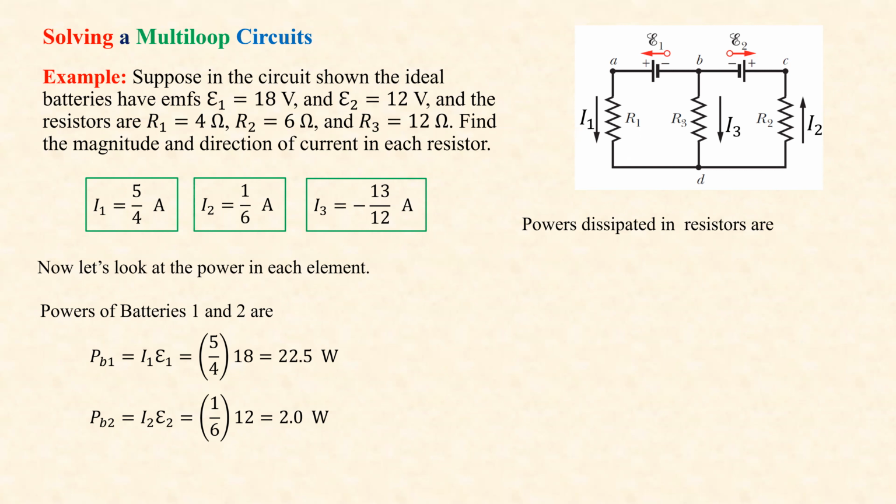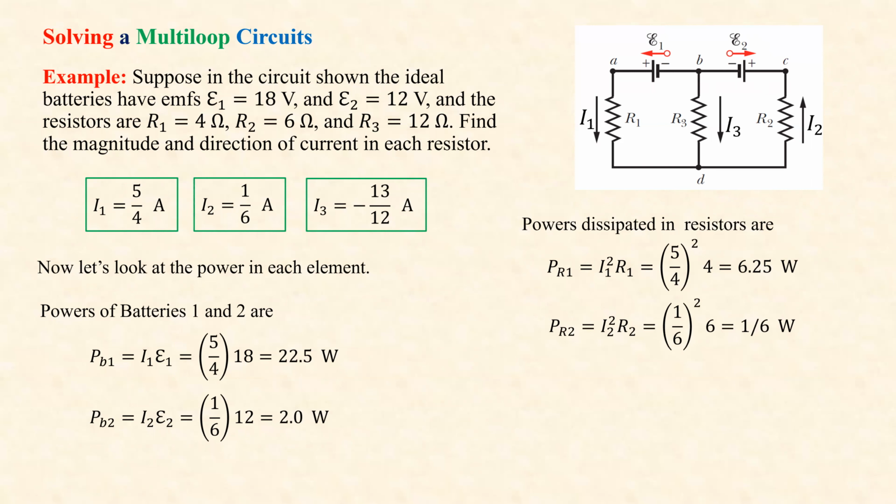And then power dissipated in resistors. Power in R1 is I1 squared R1. I1 was 5 over 4 squared times R1, which is 4, becomes 6.25. It's 25 divided by 4, right?